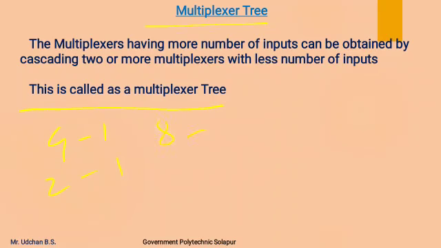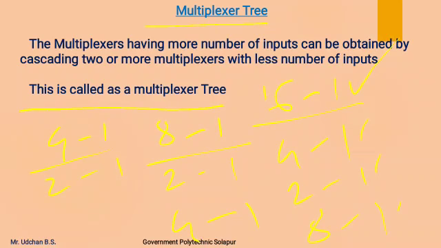We can obtain an 8:1 multiplexer using 2:1 or 4:1 multiplexers. Again, we can obtain a 16:1 multiplexer using 2:1, 4:1 and 8:1 multiplexers. Any of the multiplexers can be used to get a 16:1 multiplexer.